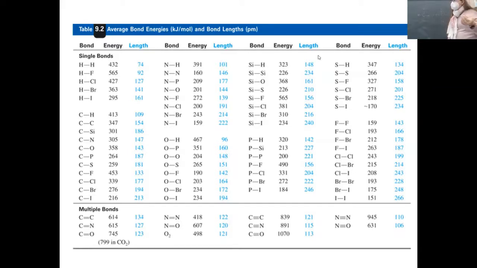Most of the time when this happens, we call it a carbonyl. This is an organic functional group. And the carbonyl has a pretty consistent 745, right around 750 energy. But notice that if it's in the molecule carbon dioxide, it's 799.